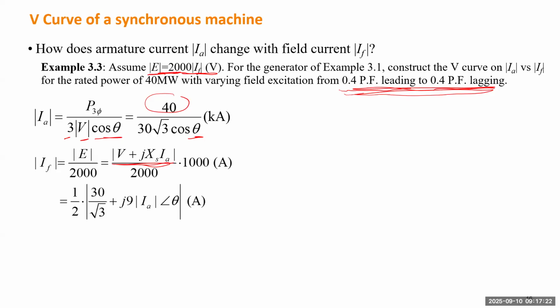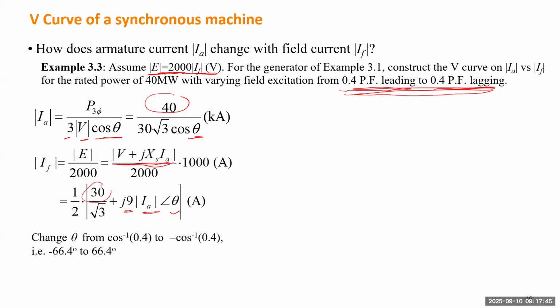We don't change the outside system, so the infinity bus will have the same voltage, 30 kV, which is line-to-line voltage, and the reactance doesn't change, right? So only the armature current will be variable, also theta, the power factor.